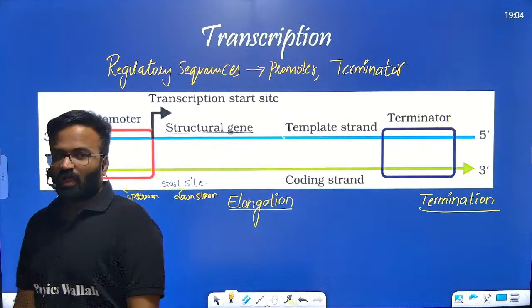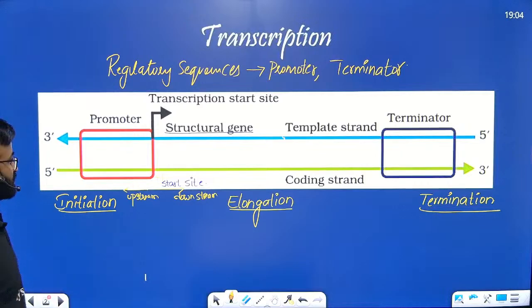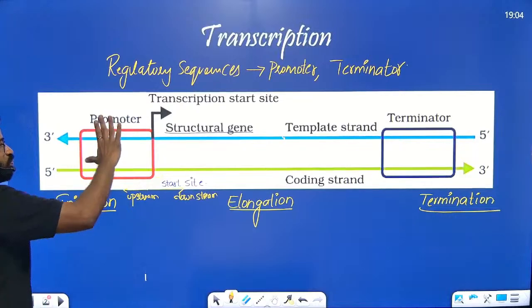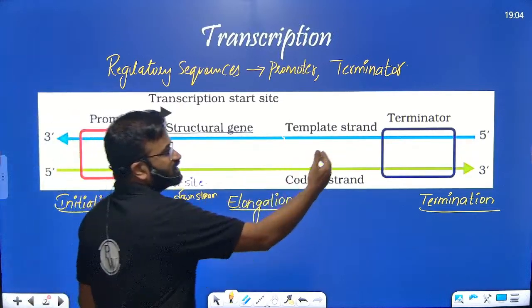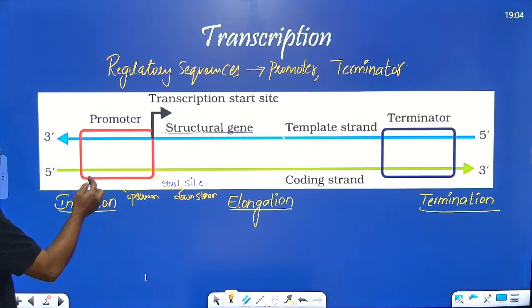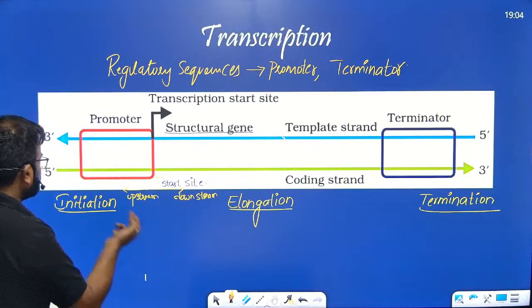So if you ask me, where are promoter and terminator present? As you can see in the diagram over here, promoter is flanking on both the strands, as is the terminator. But where is it present? Is the promoter present at the 3' end, or at the 5' end?